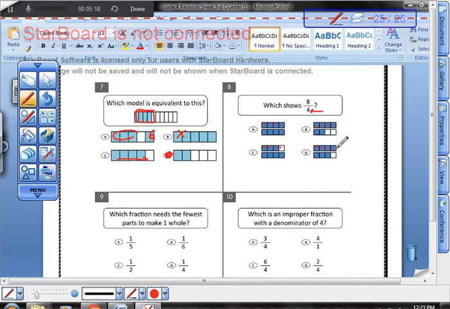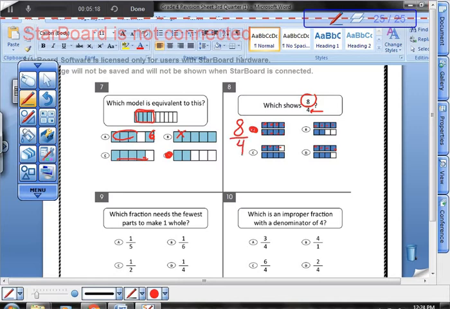So we are searching for the numerator, which is 8. The numerator, the shaded or colored parts, is 8. Which one of them is represented as 8 out of 4? Let's count. 1, 2, 3, 4, 5, 6, 7, 8. Yes, we are lucky. We found it. This is 8 out of 4.